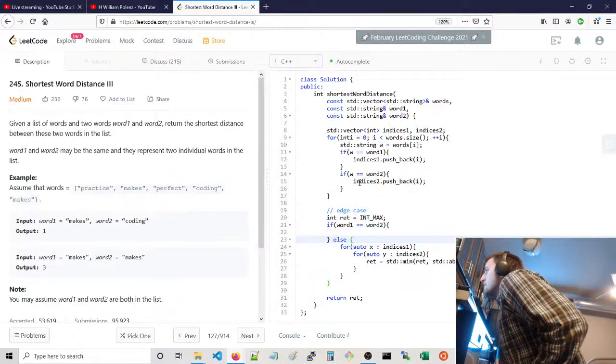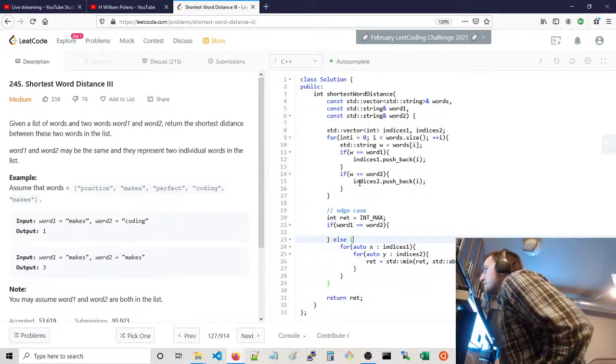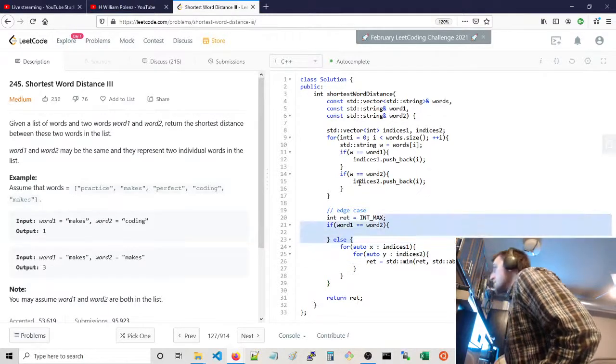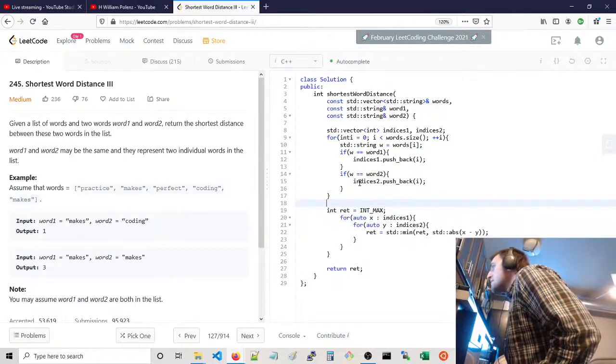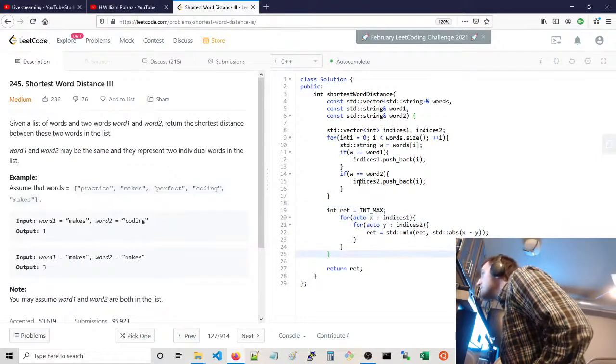The only time we get 0 is, see, actually, you don't even need to do that either. Take that back. Forget the edge case.